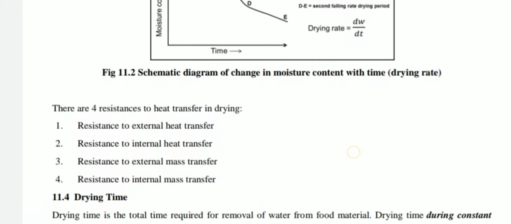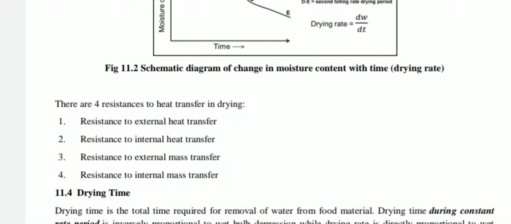Now there are four resistances to heat transfer in drying. First is resistance to external heat transfer, then resistance to internal heat transfer, resistance to external mass transfer, and resistance to internal mass transfer.